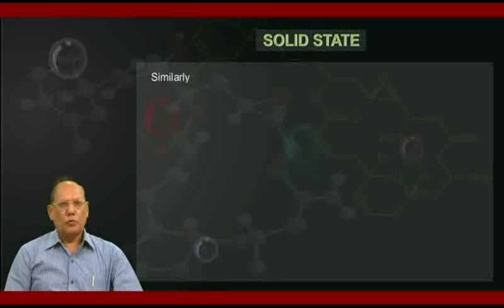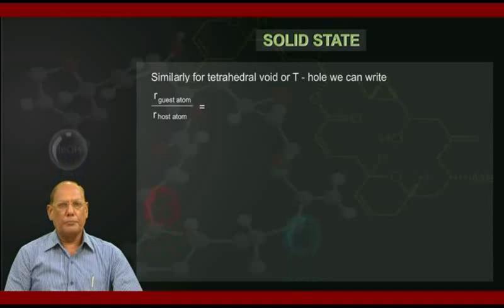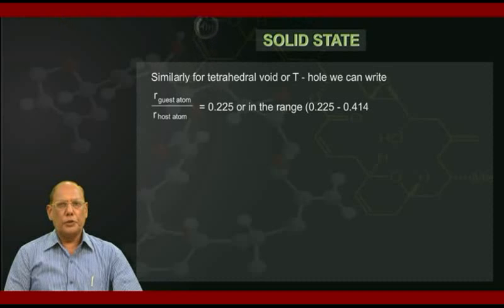Similarly, for tetrahedral void or T hole, we can write radius of guest atom over radius of host atom is equal to 0.225, or in the range from 0.225 to 0.414.